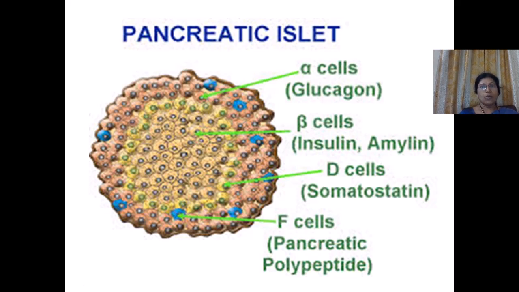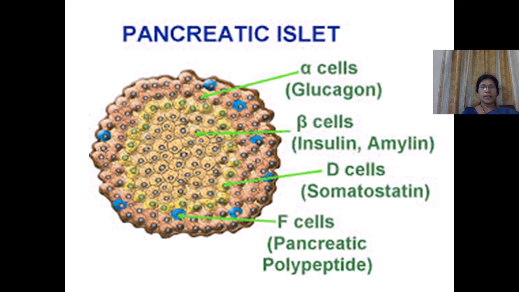Pancreatic polypeptide inhibits the contraction of the gallbladder. Glucagon is a peptide hormone secreted by the alpha cells. It is secreted when the blood glucose level falls below the normal level, that is 90 mg per 100 ml of blood. The target of this glucagon hormone is the liver. Whenever the blood glucose level falls, it raises the blood glucose level.